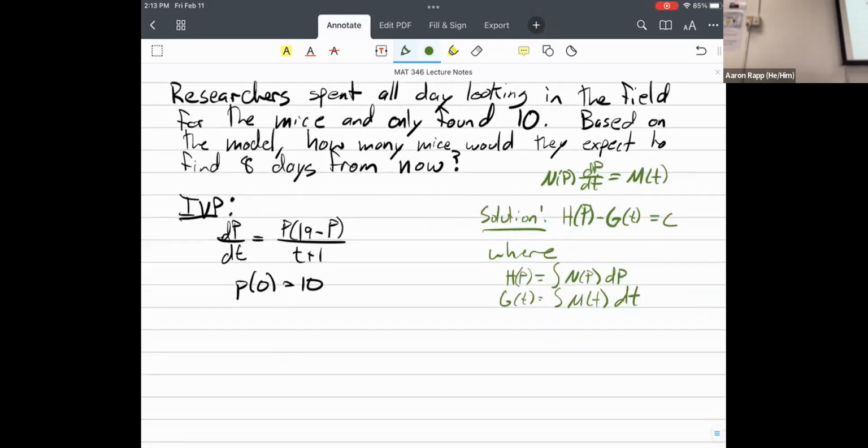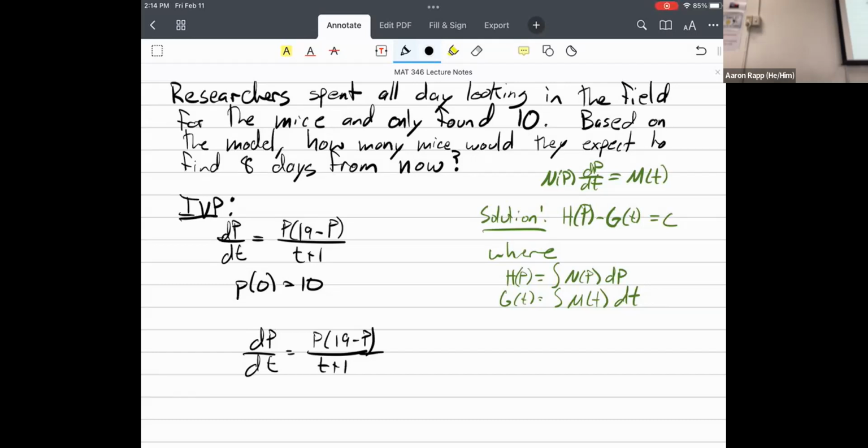I wanted to prep this differential equation a little bit so I can see exactly what I need to integrate. I have a P times 19 minus P divided by t plus 1. So I need a function of P being multiplied by my derivative on the left-hand side, which means I need to move those P's from the right-hand side to the left-hand side.